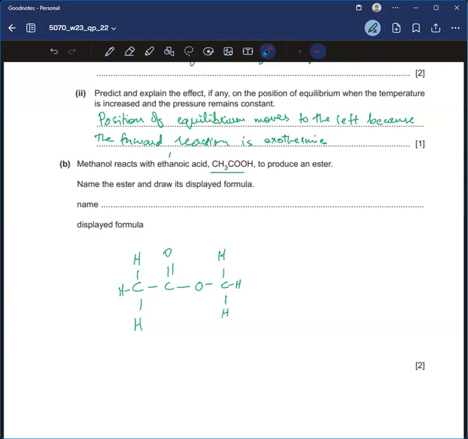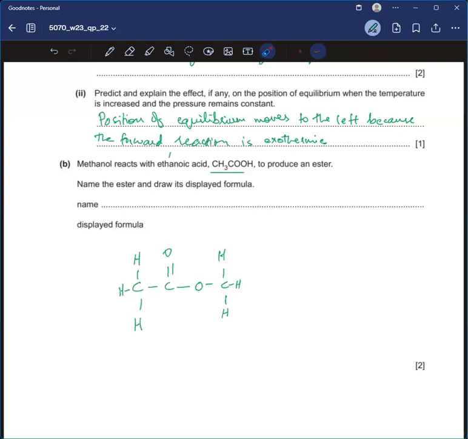And the carbons after the singly bonded O are the part of the alcohol, and they would be written first while naming.